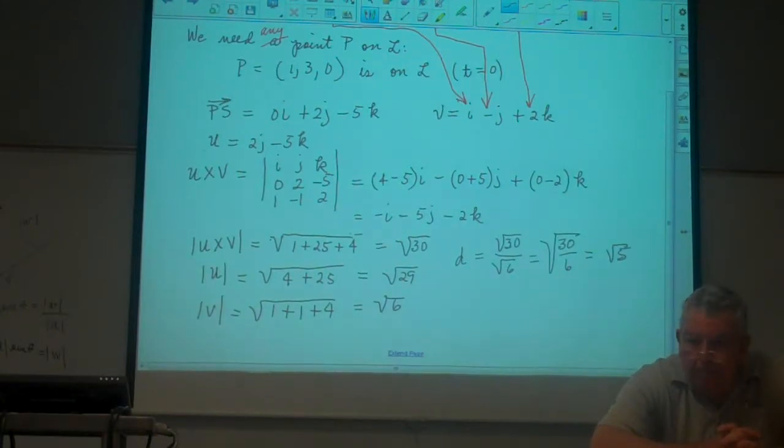And once I found a point P, I knew I had a right triangle, because the distance from the point itself to the vector or the line that was given to us is at a right angle, isn't it? So then I just went back to trigonometry. Question? Okay?